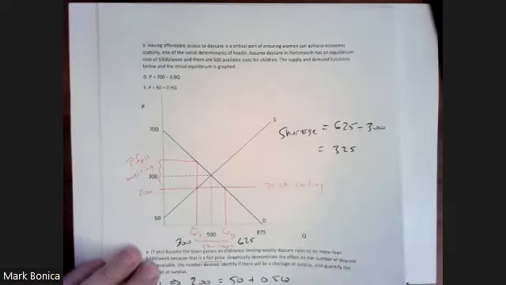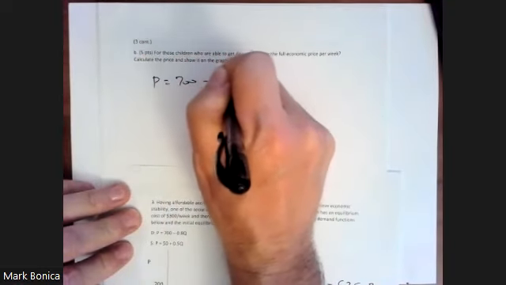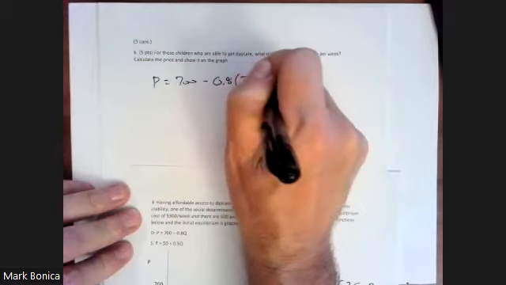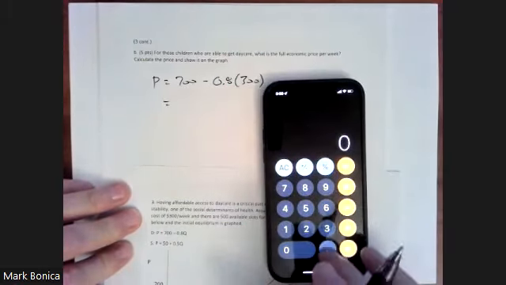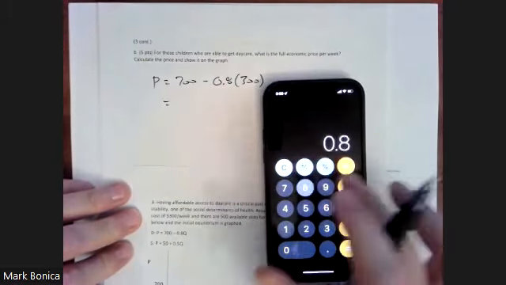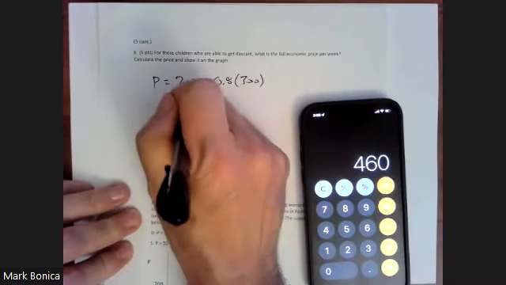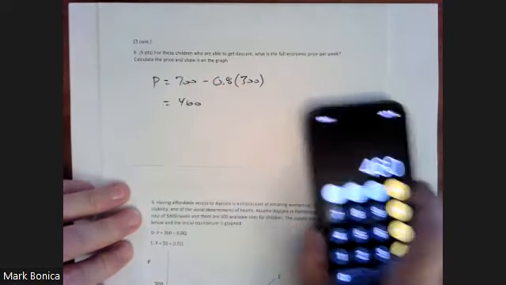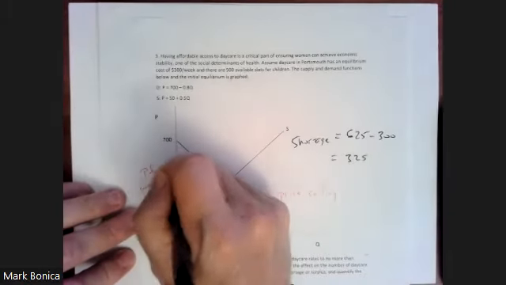So P equals 700 minus 0.8 times 300. 0.8 times 300 is 240, and 700 minus 240 is 460. So P full is 460.